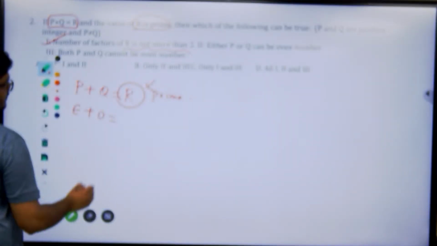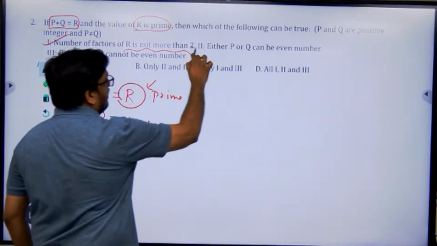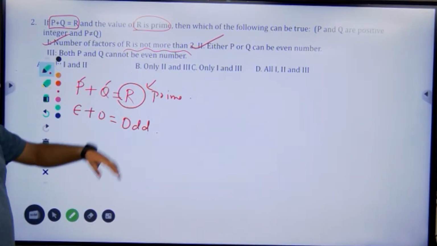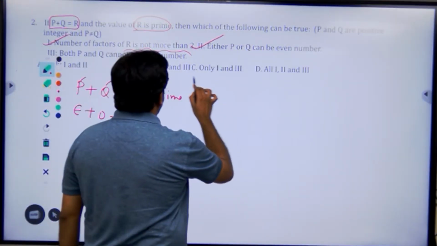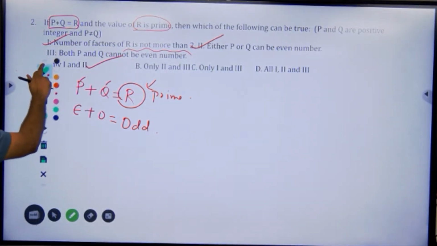Then even plus odd is odd. Therefore, either P or Q can be even number. That is correct actually. Both P and Q cannot be even number, that is wrong. One can be even number. So, only 1 and 2. That is option A.